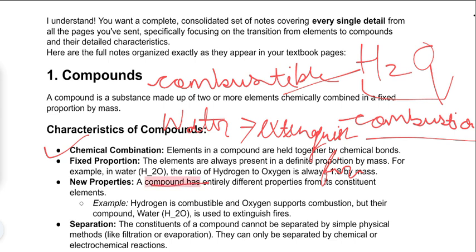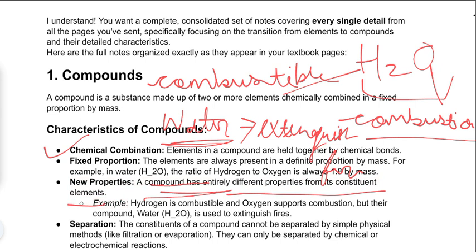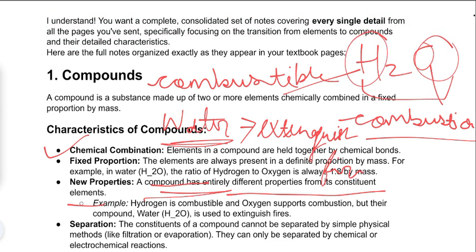That a compound, here the example is water, any compound. Okay, we are talking in general, but with the help of an example. A compound, here the compound is water, has entirely different properties from its constituent elements. Understood? That compound, which is water, has different properties from its constituent elements, which were hydrogen and oxygen. Okay.